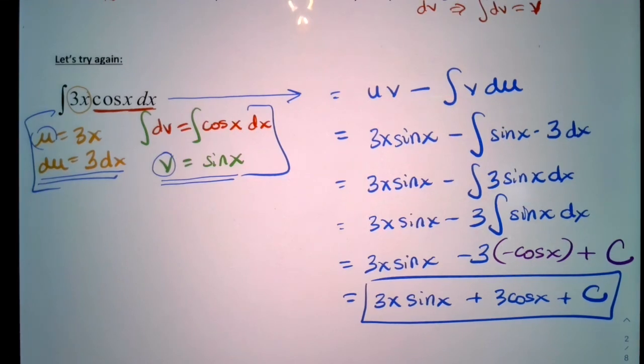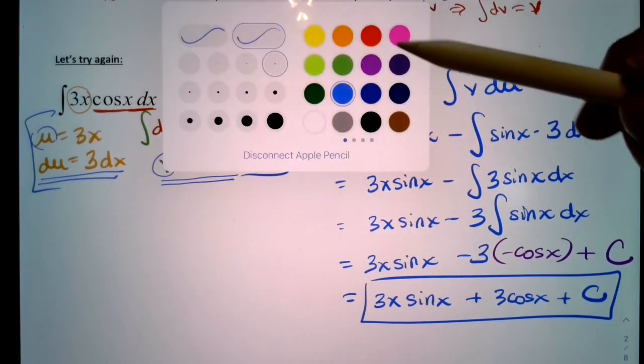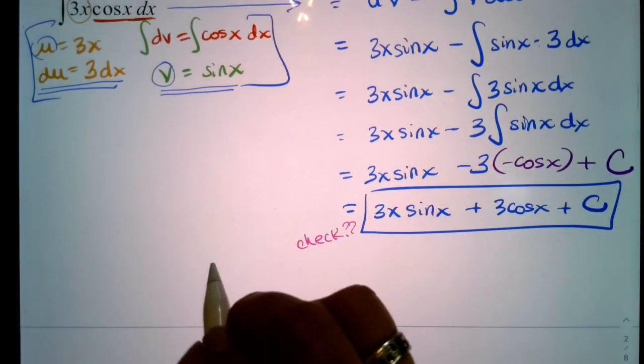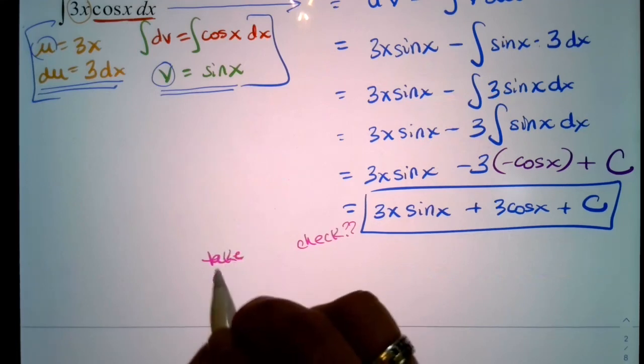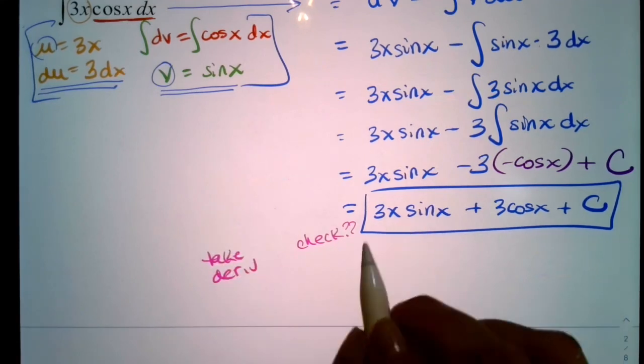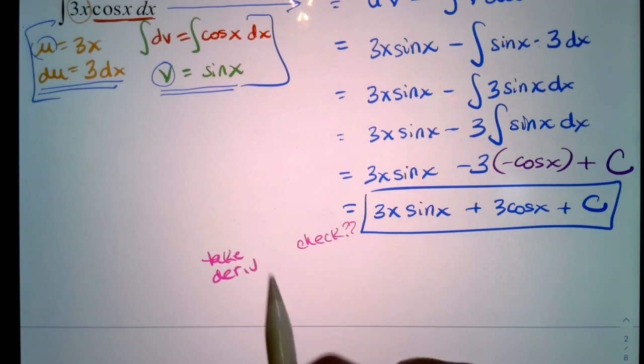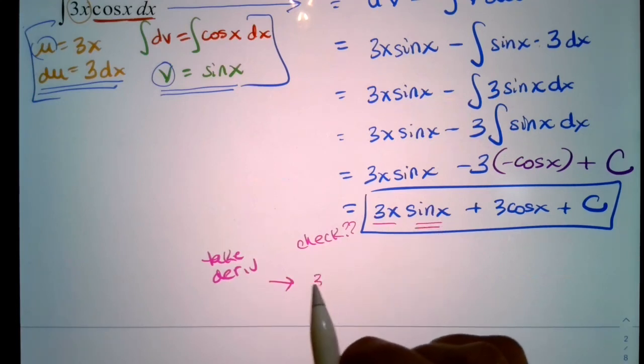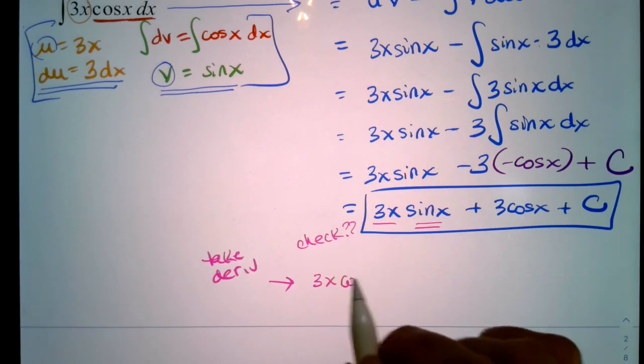All right, now, let me just take a minute here and talk about how do you know this is right? Can you check your work? Of course you can, because what you can do is just take the derivative. So let's check our work by taking the derivative of that final answer. So what would that mean? Well, I'd need a product rule, right? So I'd have 3x and sine. 3x, the derivative of sine is cosine.